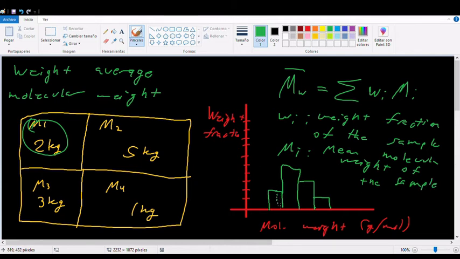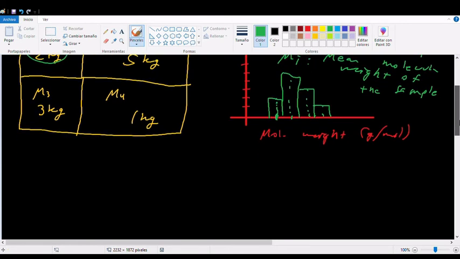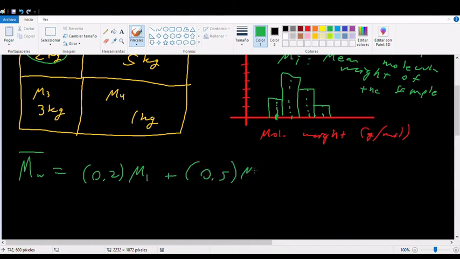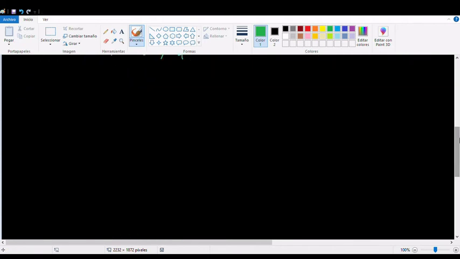Right, so we're going to take here the middle part. So we can do the same, right? So it's like this.